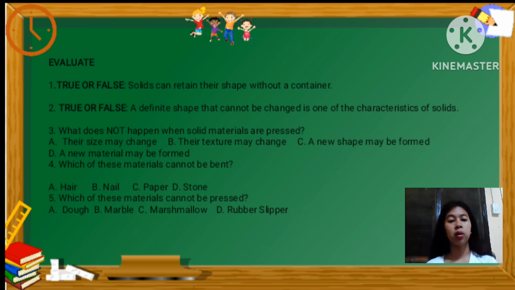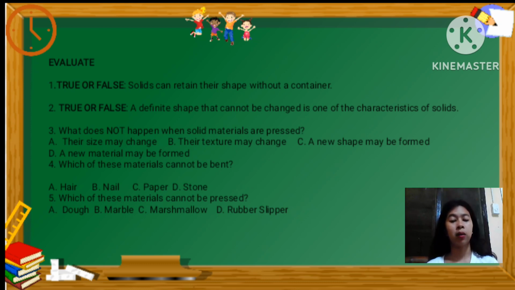Number 4, which of these materials cannot be bent? Letter A, hair. Letter B, nail. Letter C, paper. And letter D, stone. Who wants to answer? Yes, what is your answer? Okay, that's right. The answer is stone. And the last one is, which of these materials cannot be pressed? Letter A, dough. Letter B, marble.